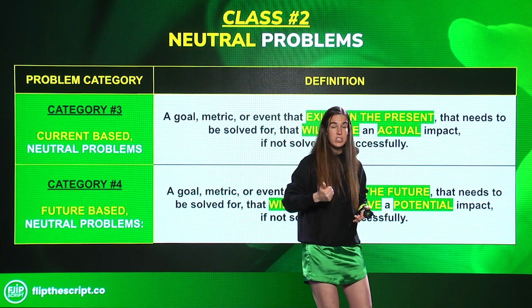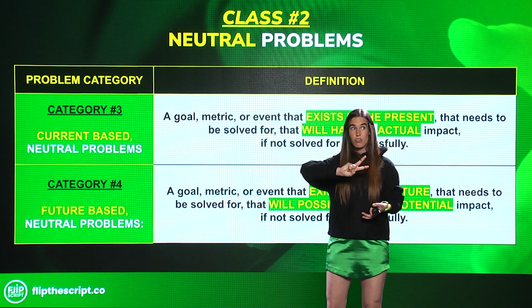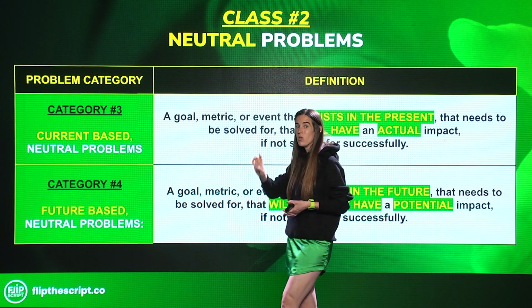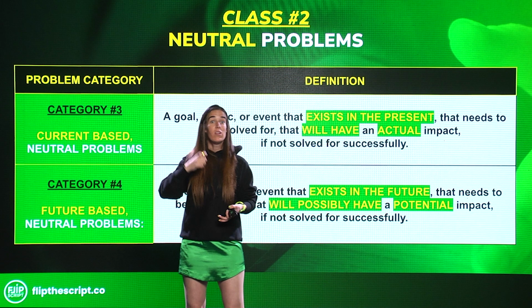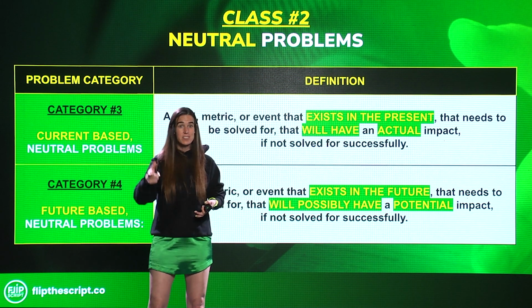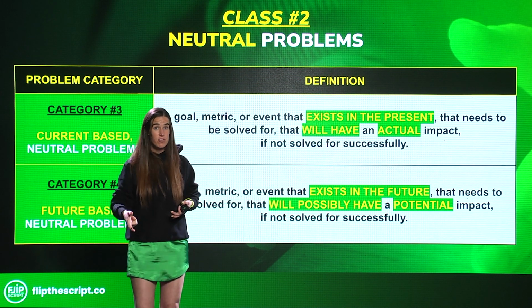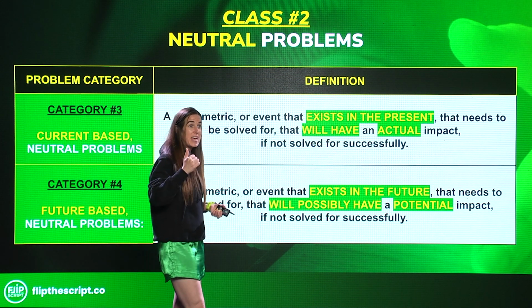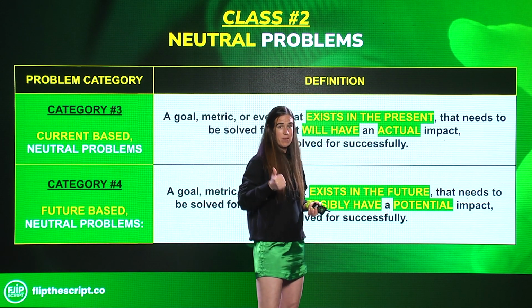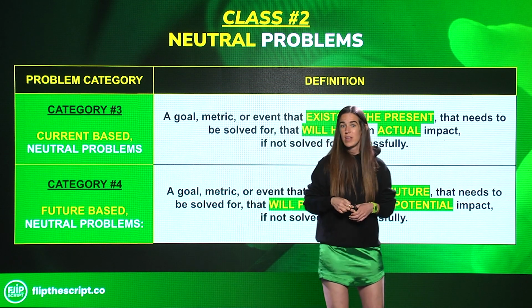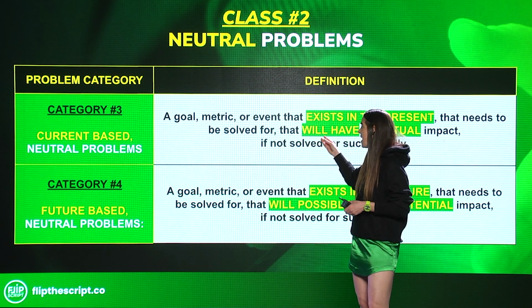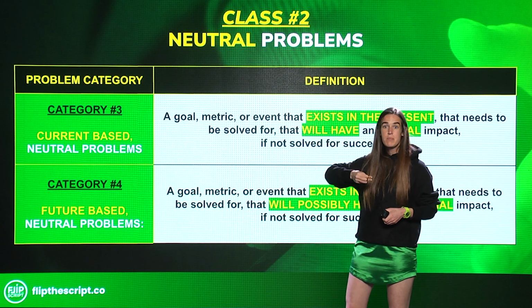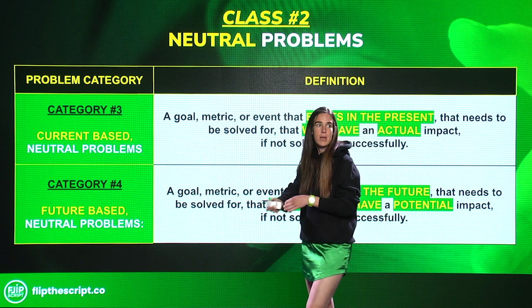Category 4, the second type of neutral problem, is a goal or a metric that will, without doubt, happen in the future, that if I don't solve for it, I will potentially have a negative impact. A great example: I have a metric that is going to be issued in, let's say, Q4.